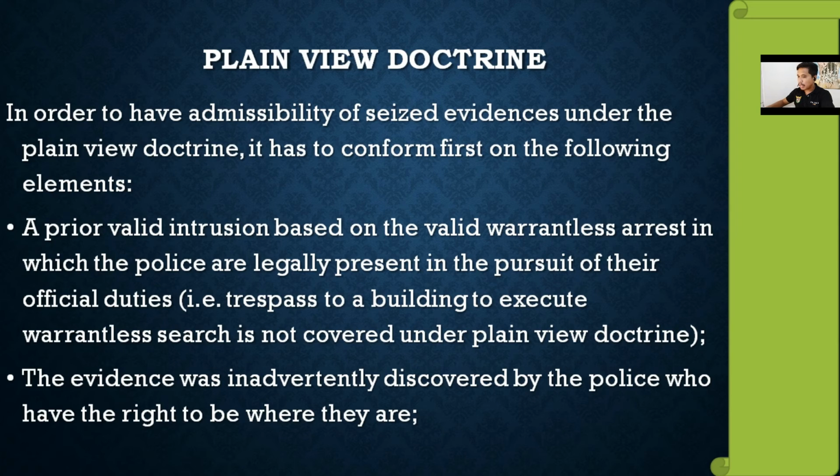You just found it there. Like when you get inside the room, you can see methamphetamine hydrochloride, or the shabu, placed on top of the table. So that will qualify the second guideline: inadvertently discovered by the police.